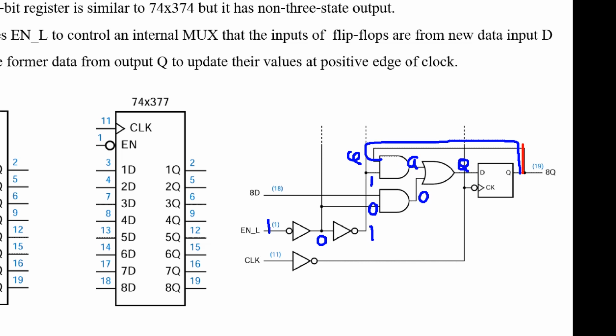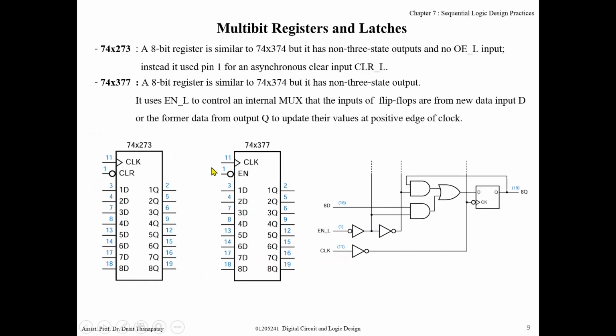So the same data flows to the input of the flip-flop. Then when the clock ticks, the flip-flop reads data from D with the same value as the current state. So nothing changes. This is the operation of the enable signal for this IC.